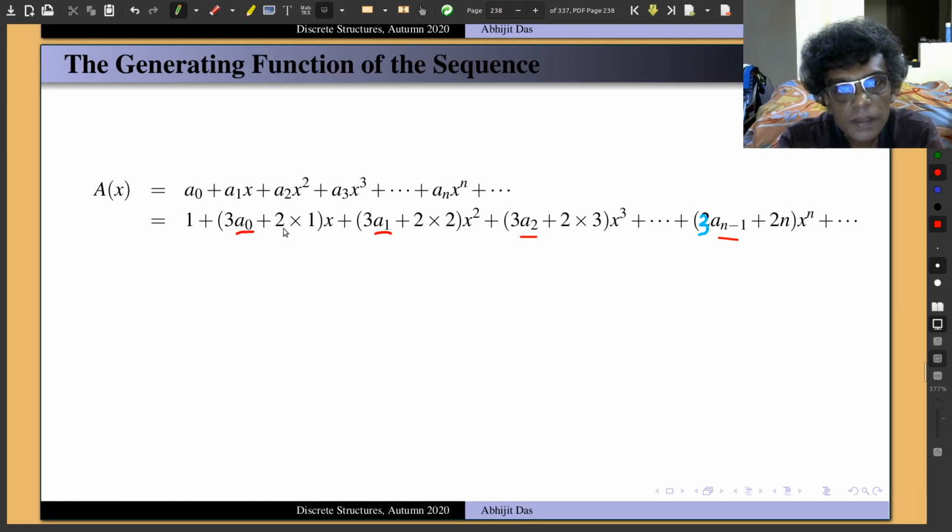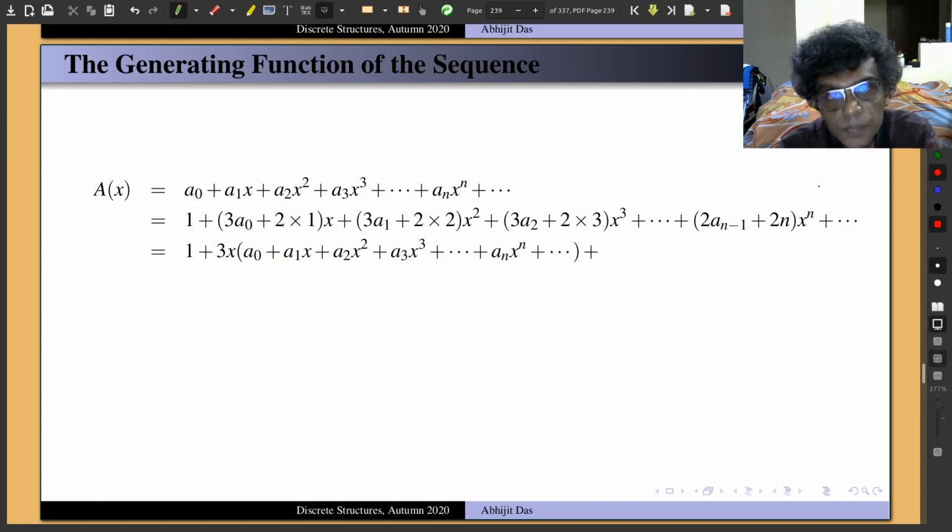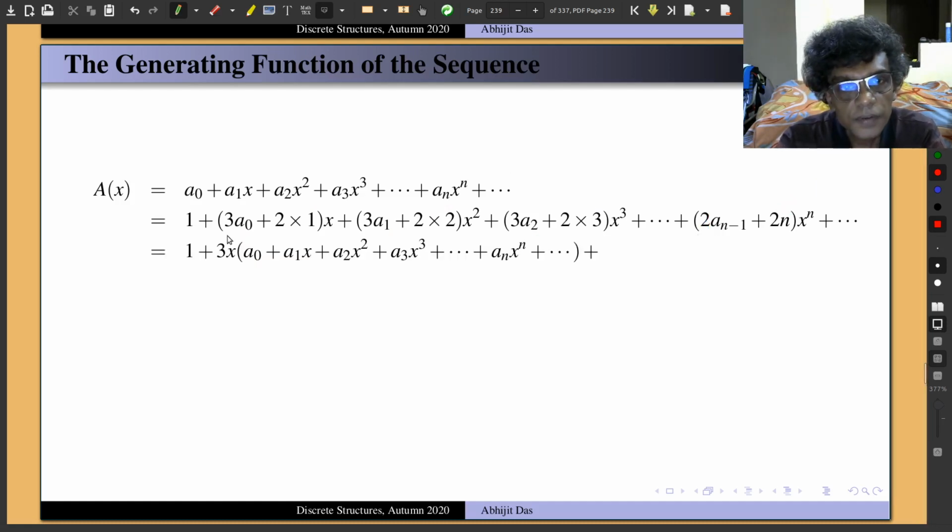and the remaining things in another expression, this will look like the following. First, I take 3x common, then I have A0 plus A1x plus A2x square plus A3x cube and so on.